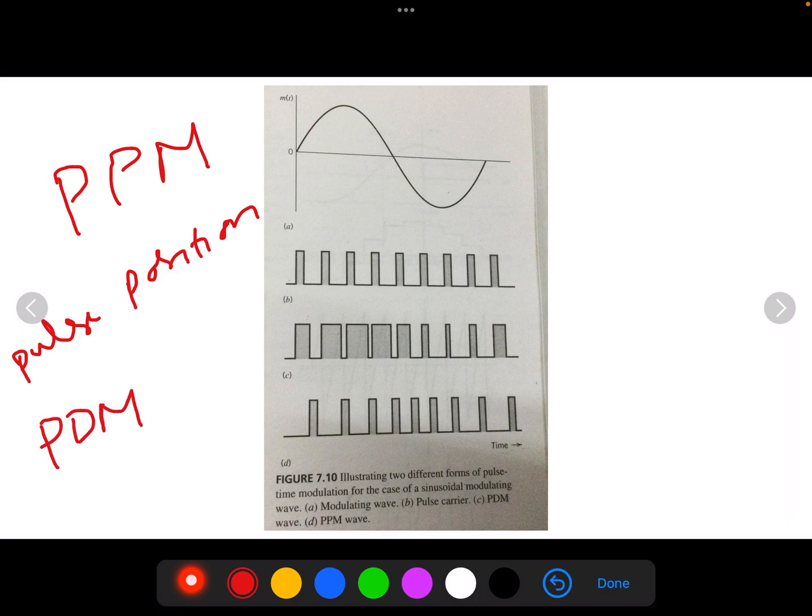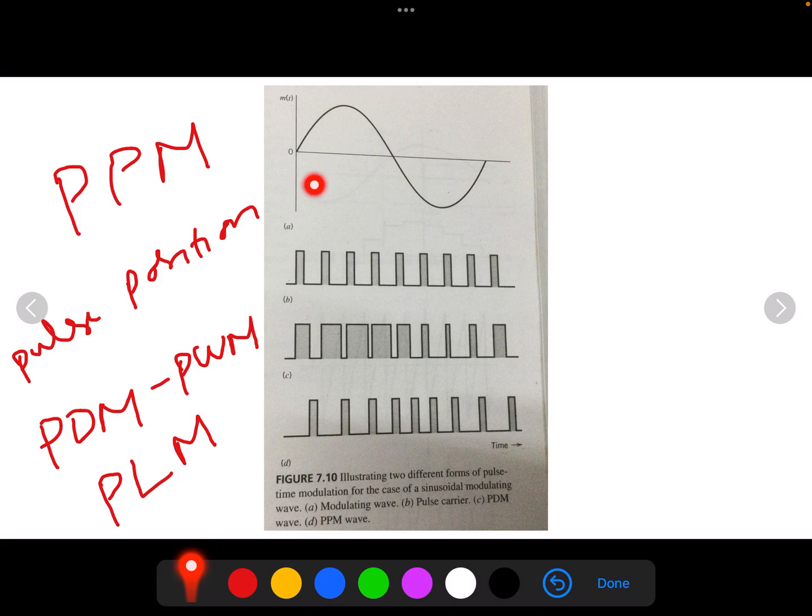In pulse duration modulation, the samples of the message signal are used to vary the duration of the individual pulses. This form of modulation is also referred to as pulse width modulation or pulse length modulation. The modulating signal may vary the time of occurrence of the leading edge, the trailing edge, or both edges.